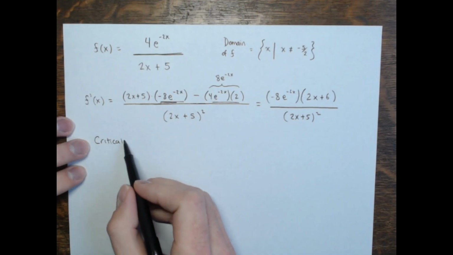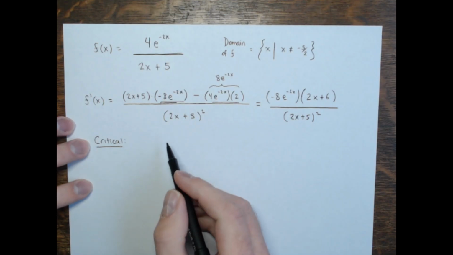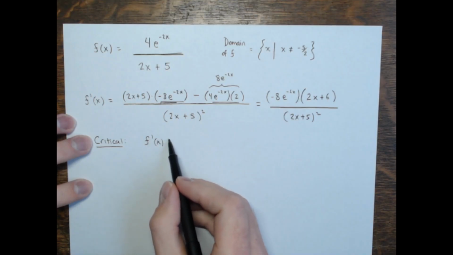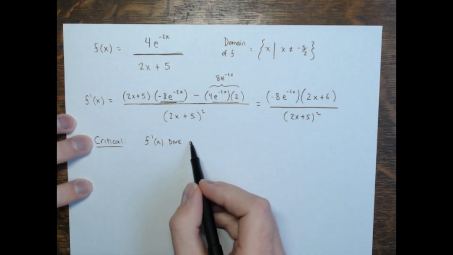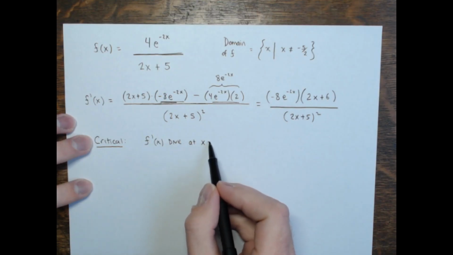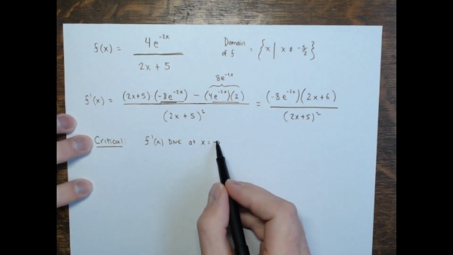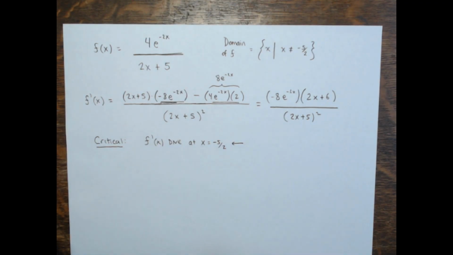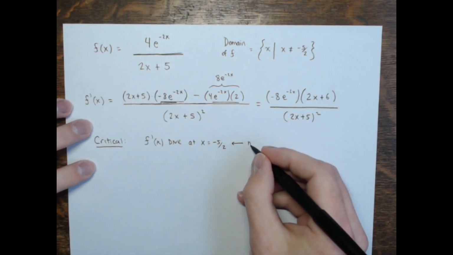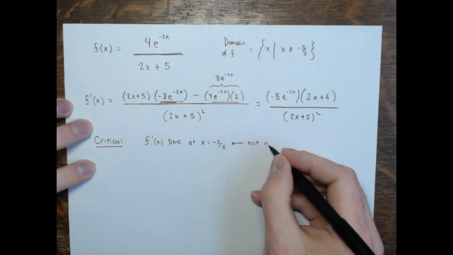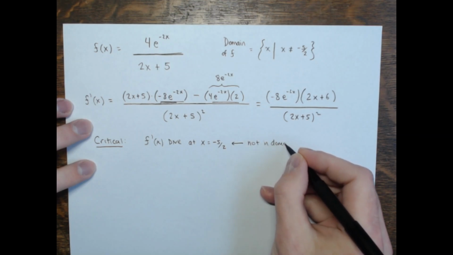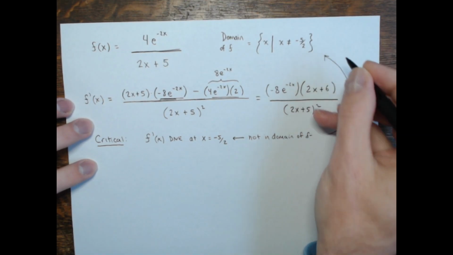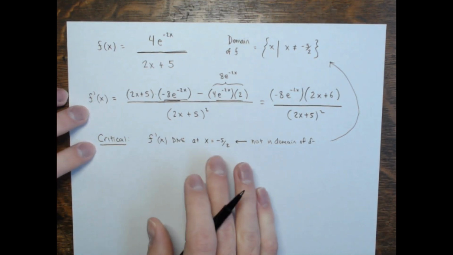Now, one of them I'm not even going to worry about. F prime does not exist at x equals negative 5 halves. But that wasn't even in the domain of the original function. I'll still mark it down.